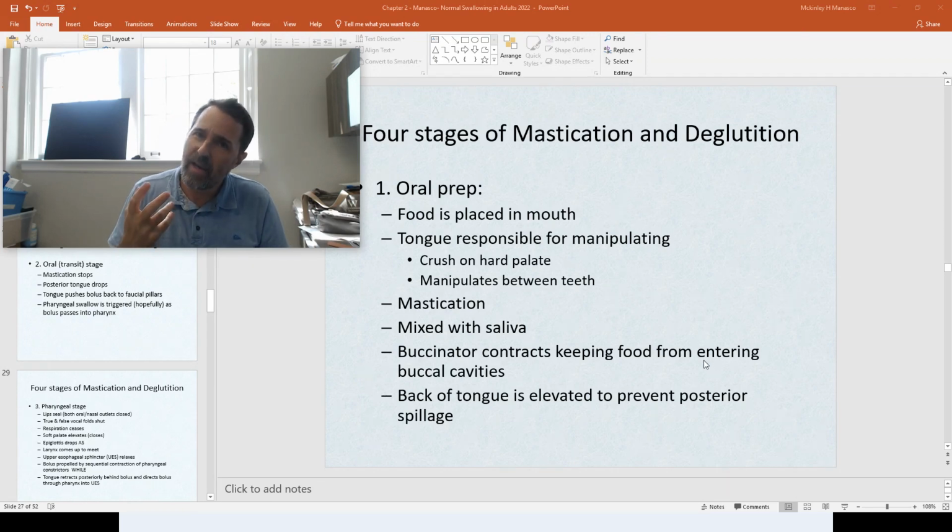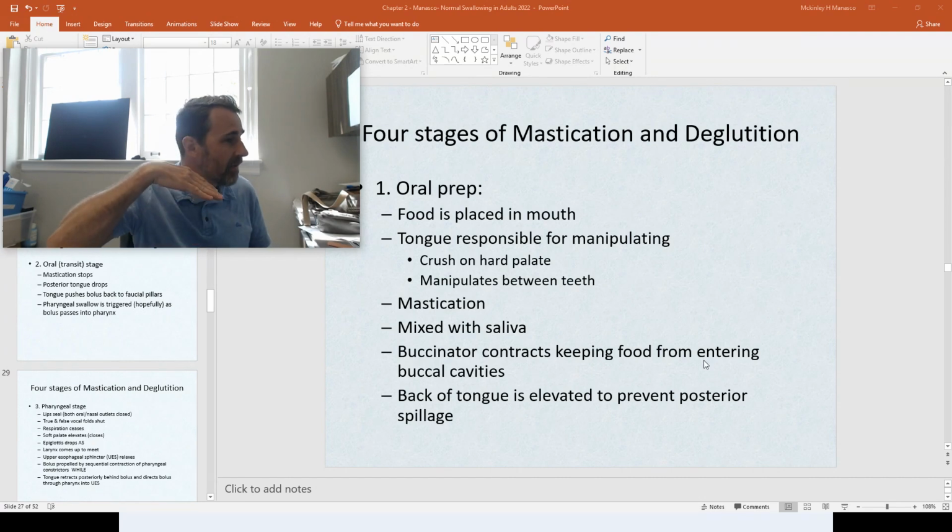So if you have a unilateral weakness of the tongue, then the things involving the tongue are not going to be working as well. So bolus manipulation is going to be more difficult. So problems with bolus manipulation, that is an oral dysphagia.